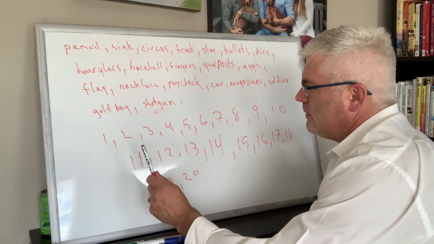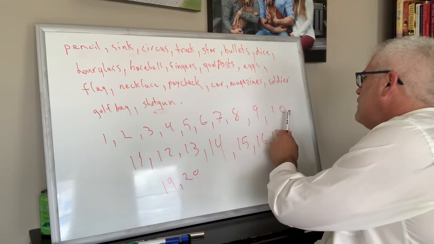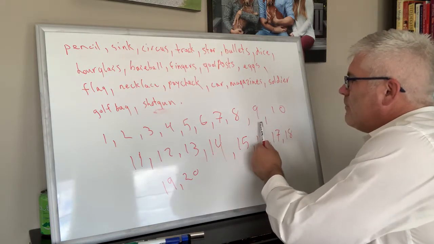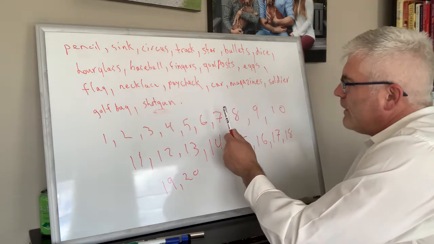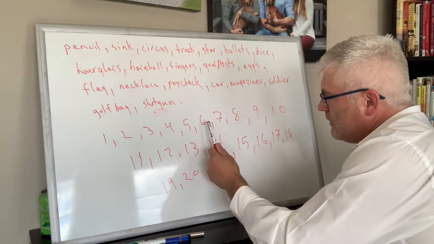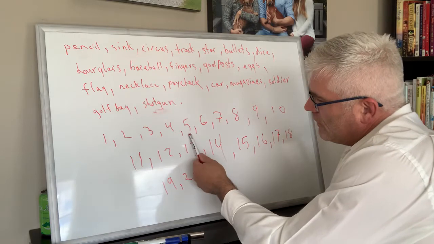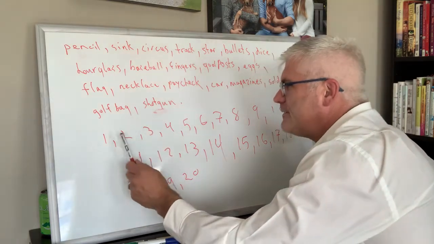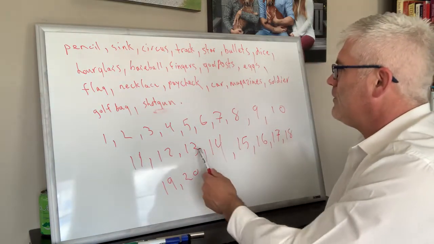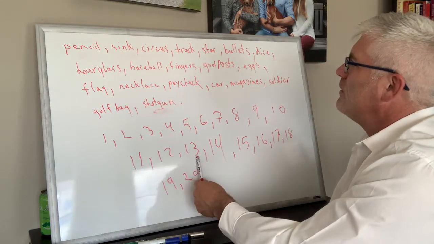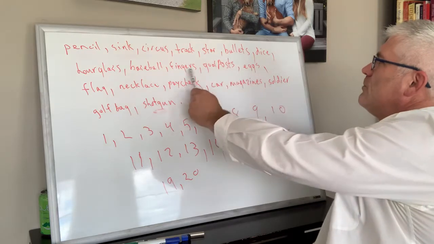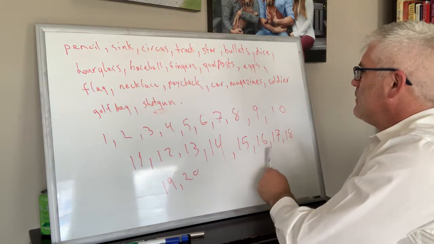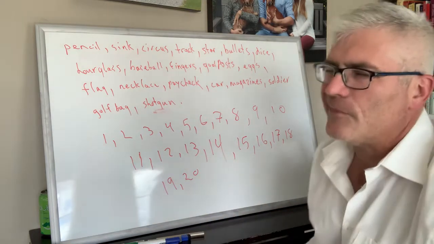Eggs, goalposts, fingers, baseball, hourglass, dice, bullets, and then star, track, circus, sink, 1. And then I forgot what 13 is. How did that slip? Bullets, dice, eggs, flag. I thought I said that. Oh, paycheck. Yeah, so sometimes you can mix them up.